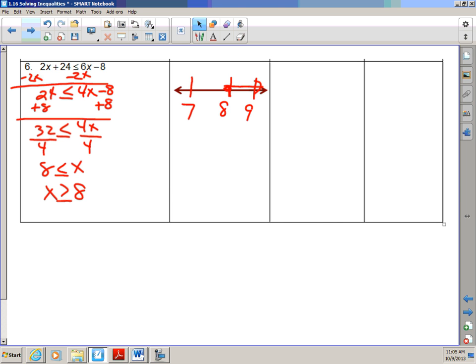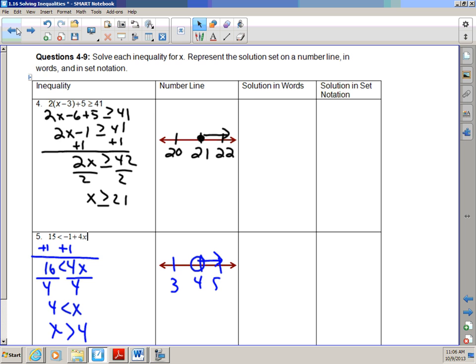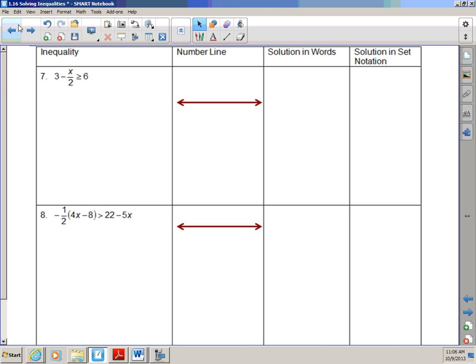Now I want to look at the last 3 problems. Going the wrong way. There we go. Now, you have some choices for problem number 7. We see the dreaded fraction. So, one thing you can do is you can multiply everything by the LCD of 2. You get 6 minus x is greater than or equal to 12.